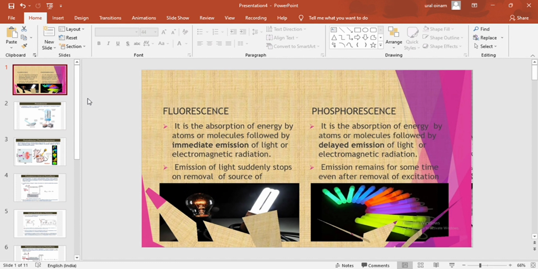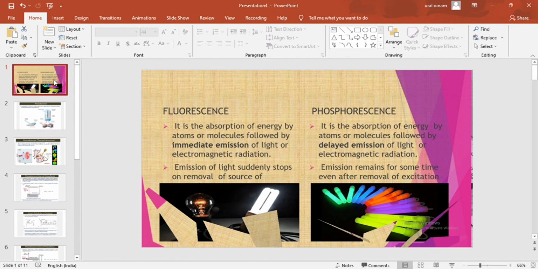After the source is removed, the material will still continue to give out light for a few seconds, and it can go up to more time, maybe a minute, depending upon what type of phosphorescence we are discussing.